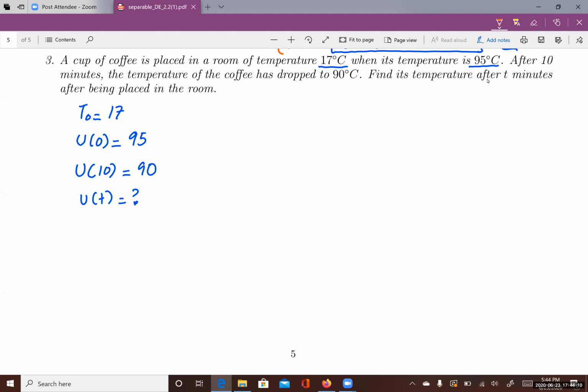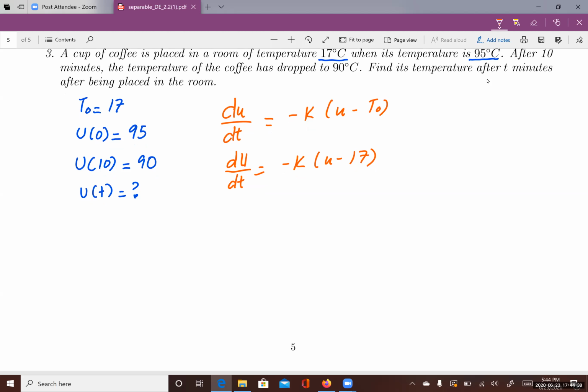So Newton's law of cooling is telling us that du over dt equals negative k, U minus T0, right? And we know that T0 is 17. So du over dt equals negative k, U minus 17. All right. Now the question is, we need to find k.